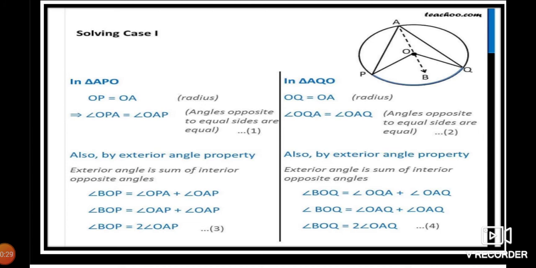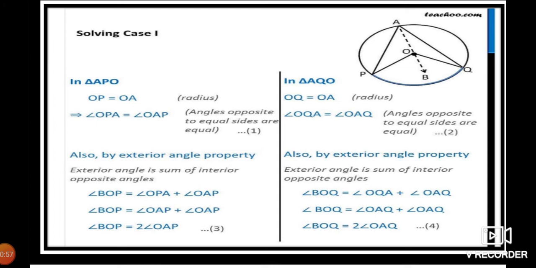Also by the exterior angle property, the exterior angle is the sum of the interior opposite angles. So BOQ equals angle OQA plus angle OAQ, which is angle OAQ plus angle OAQ. BOQ equals 2 angle OAQ. It is a similar process. So that is equation number 4.